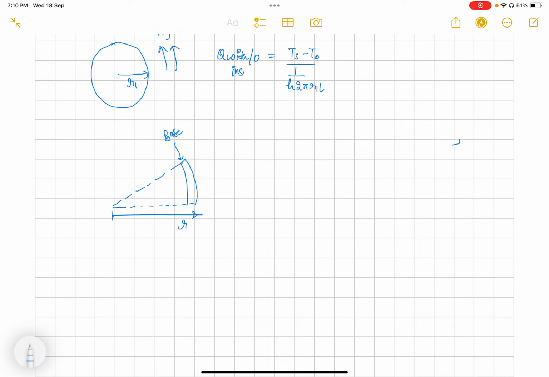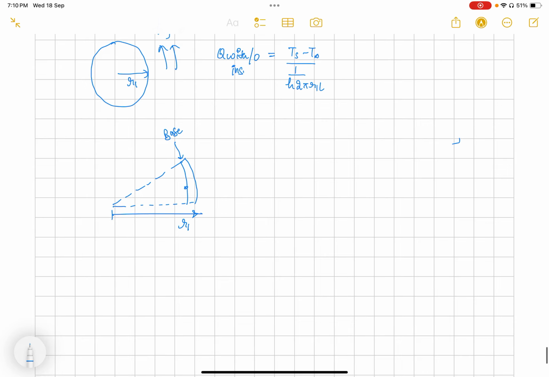Consider the outer surface of this base material as R1 radius. Of course this is also a radius, but we are not concerned about the thermal resistance of the base material, and we are insulating it from outside, right?